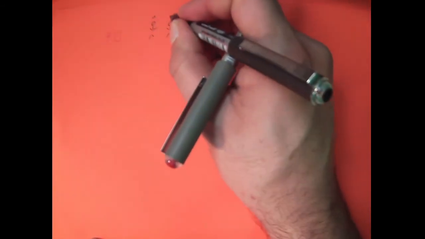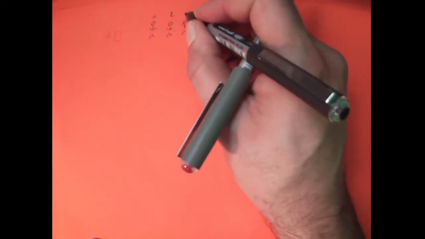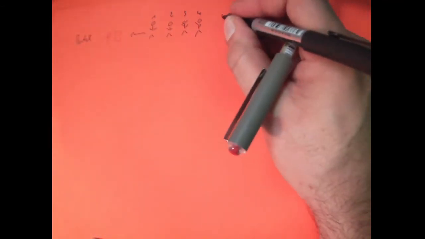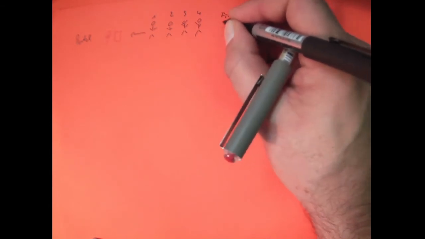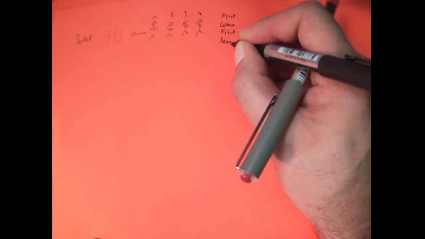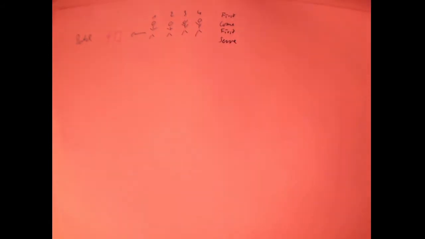So this is the batch mode. You have first come, first served. So the first one arriving will be served. This is the so-called batch mode with first come, first served.